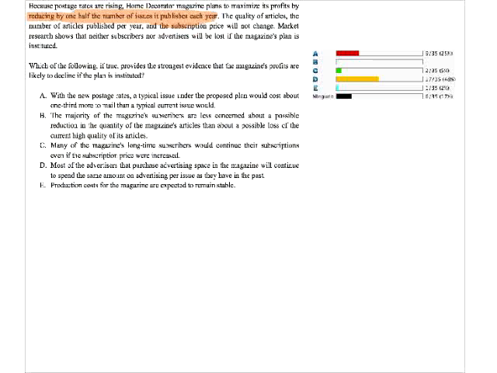So, the number of articles per year will not change. What this basically means is that the company is going to send half as many magazines, which will be about twice as big per year.